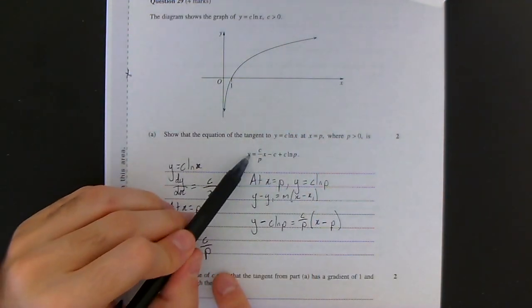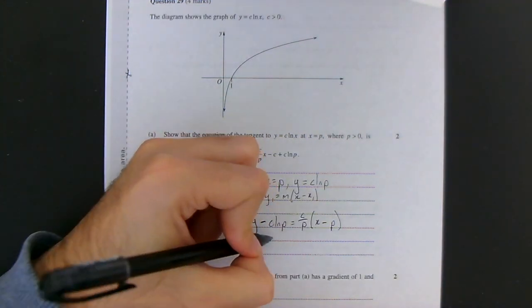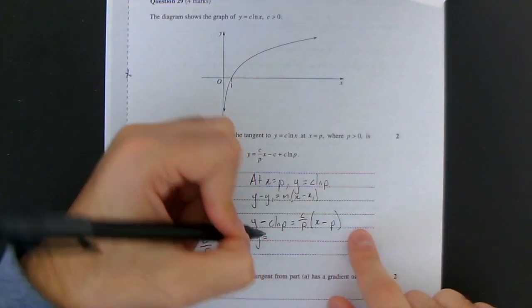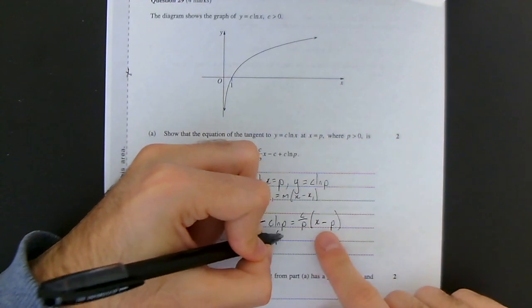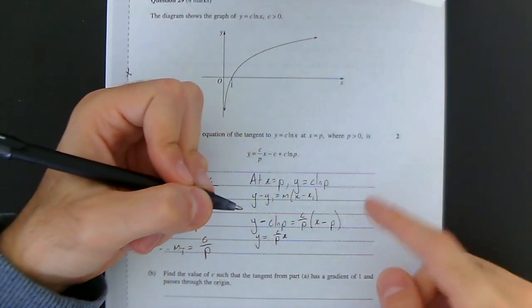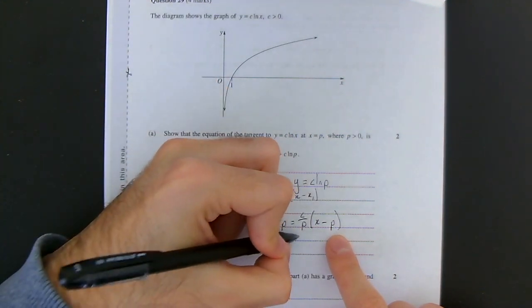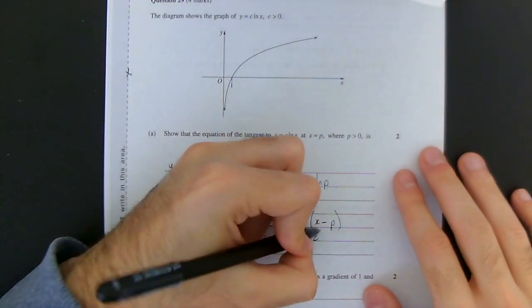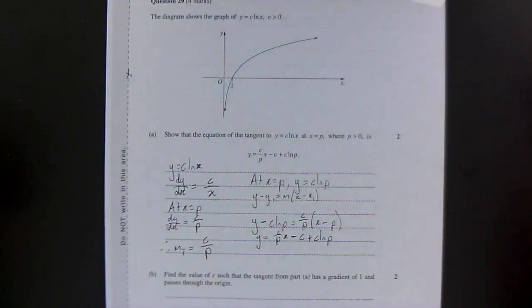Now, we need y to be the subject of our equation. So y equals, if I add c ln p over and then multiply everything here, so I get c on p times x is cx on p. And then c on p times negative p gets you negative c. And then I just add over that c ln p there. And that's exactly equal to what we're required to find.